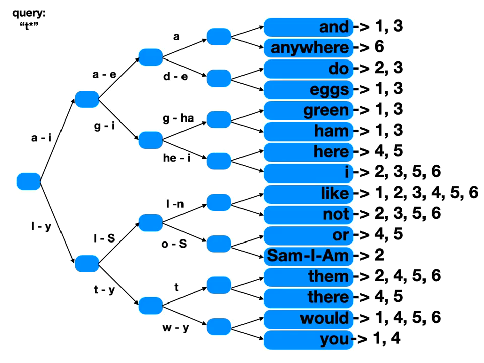Let's look at another tree traversal as we've done before. This wildcard query is T asterisk. That means, hey, give me any term in the whole dictionary. I want any documents with any terms that start with T. So how do we do that?